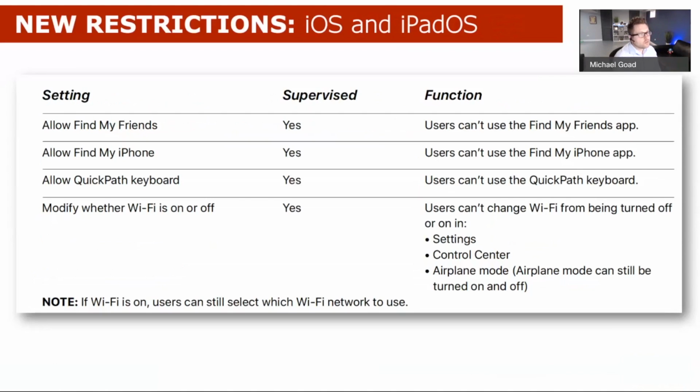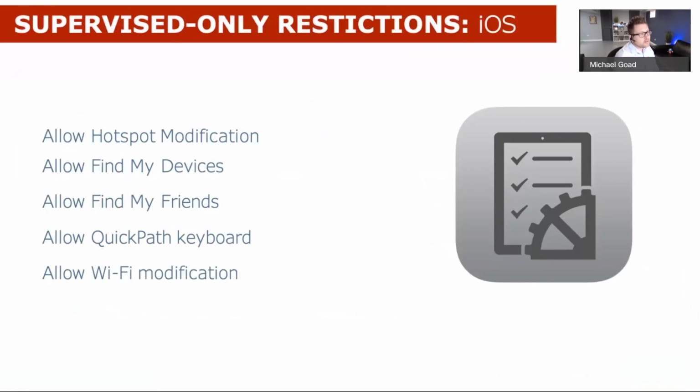And new restrictions for iPadOS. So as far as supervised settings, we can restrict allowing Find My Friends, Find My iPhone, and modifying whether Wi-Fi is on or off, which is new. That's something we still can't control, whether Bluetooth is on or off, but we can control whether Wi-Fi is on or off for now as well. Additionally, some additional supervised restrictions, we can control hotspot modification. So if we want to turn that on or off, that is available as well.